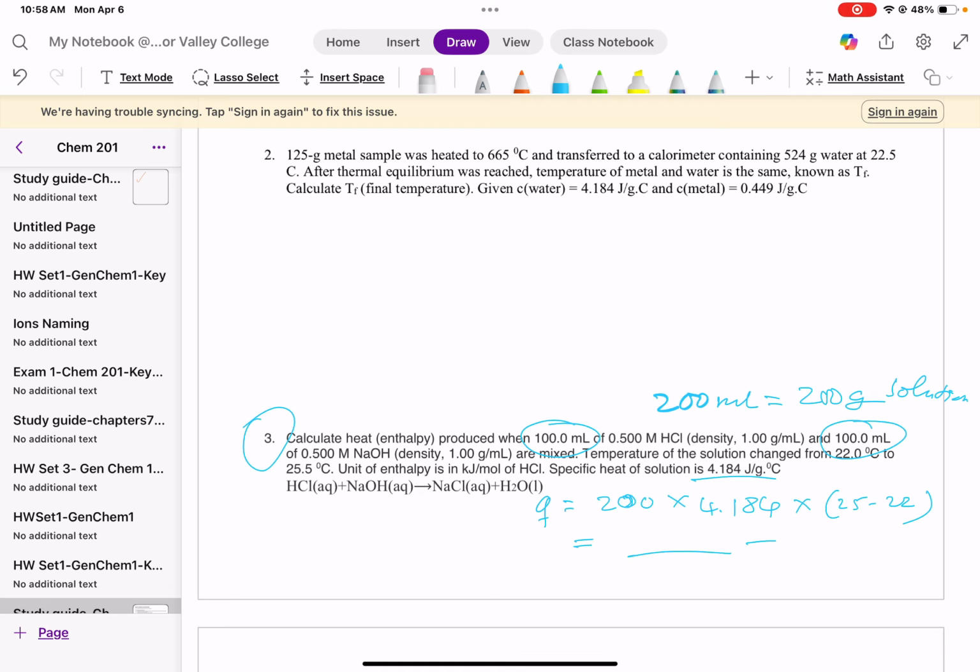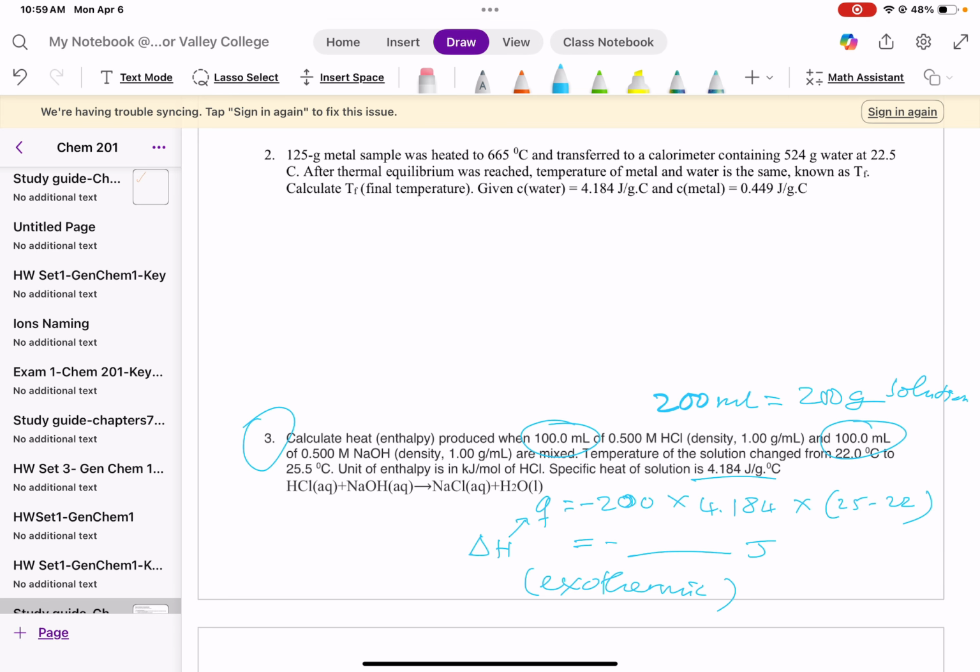That will give us heat. Because temperature goes up, we need a minus, because this one is exothermic. If you put it in a calculator, you should get numbers.